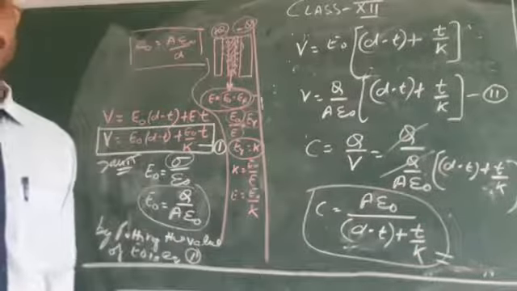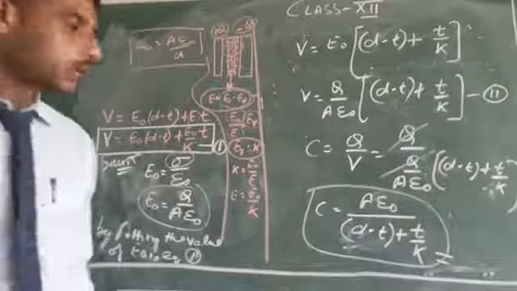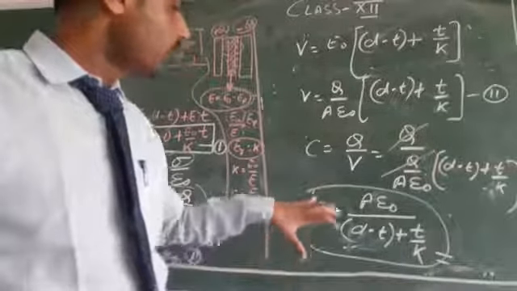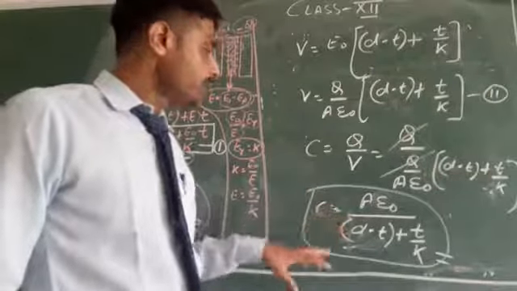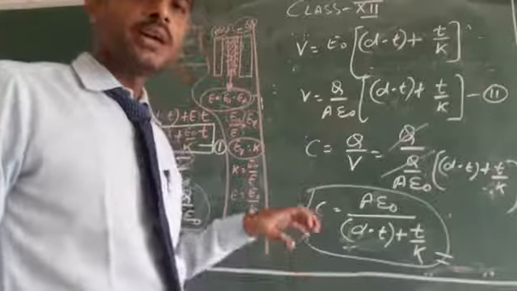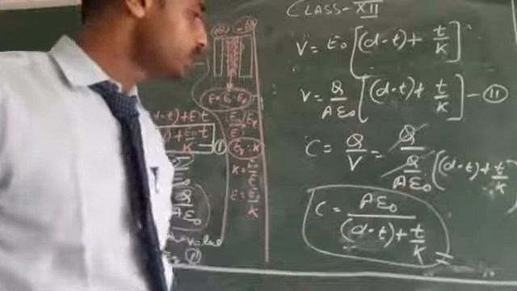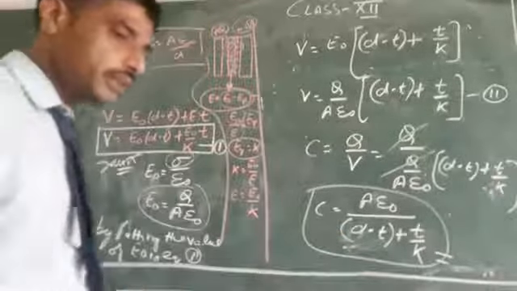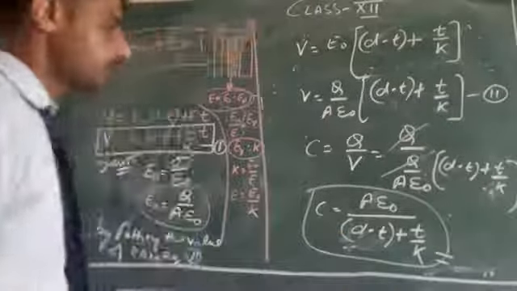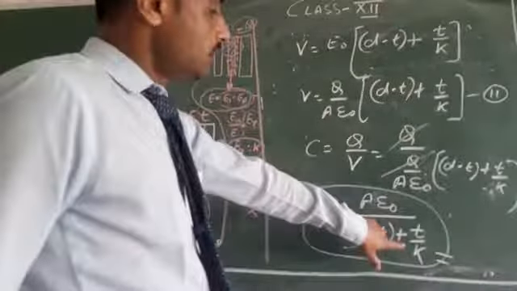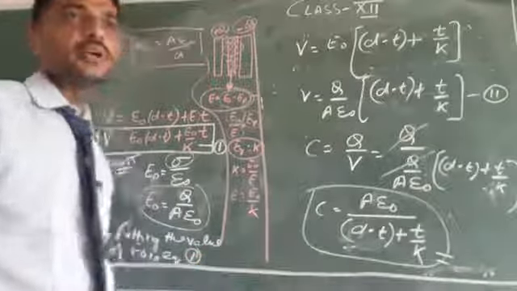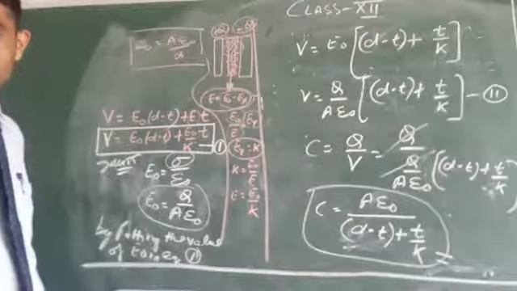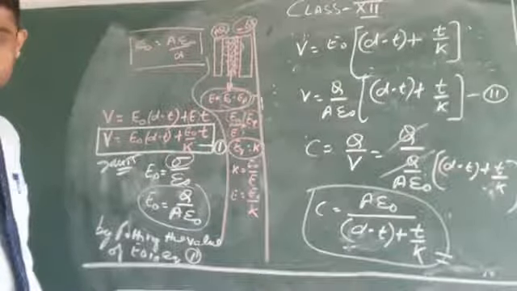Okay, so I hope you understand the effect on the capacitance of a parallel plate capacitor when a dielectric slab is introduced between the plates. So there is another condition: if a conducting slab is introduced between the plates.